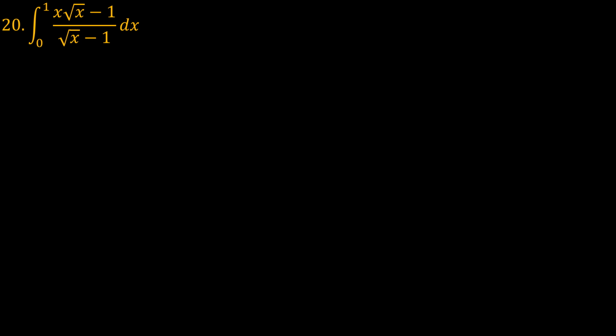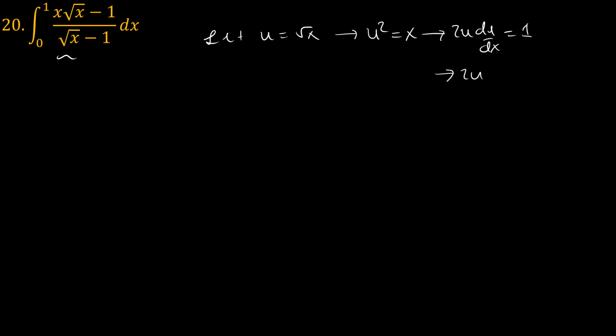So I think we can just say let u be equal to the square root of x, and that means that u squared is equal to x. So 2u du/dx is equal to 1, meaning that dx is 2u du. Okay, and so when x equals 0, u is 0.